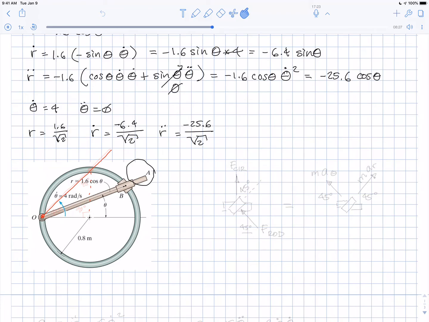At 45 degrees, if you come out from the diameter, you'll be right at the top of the circle. So if that's 45 degrees, that will be 45 degrees, and that will be 90 degrees. So that really simplifies things.